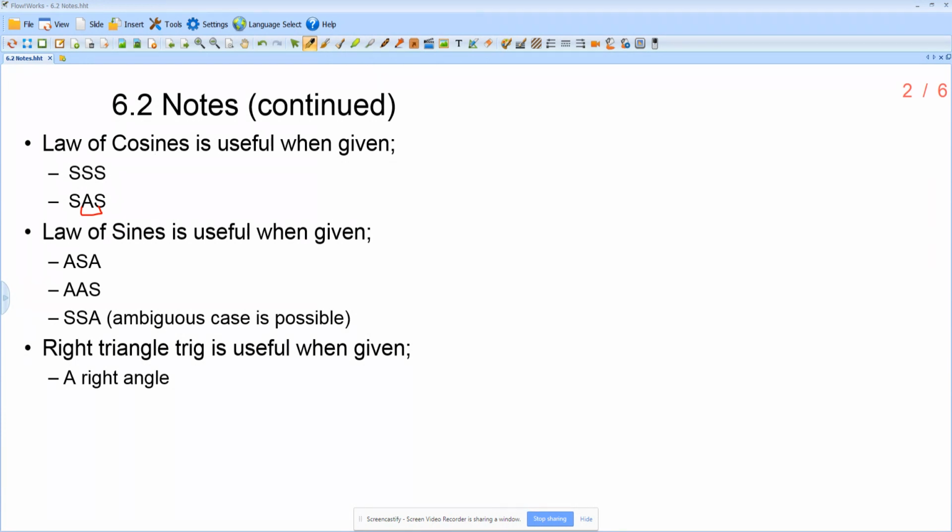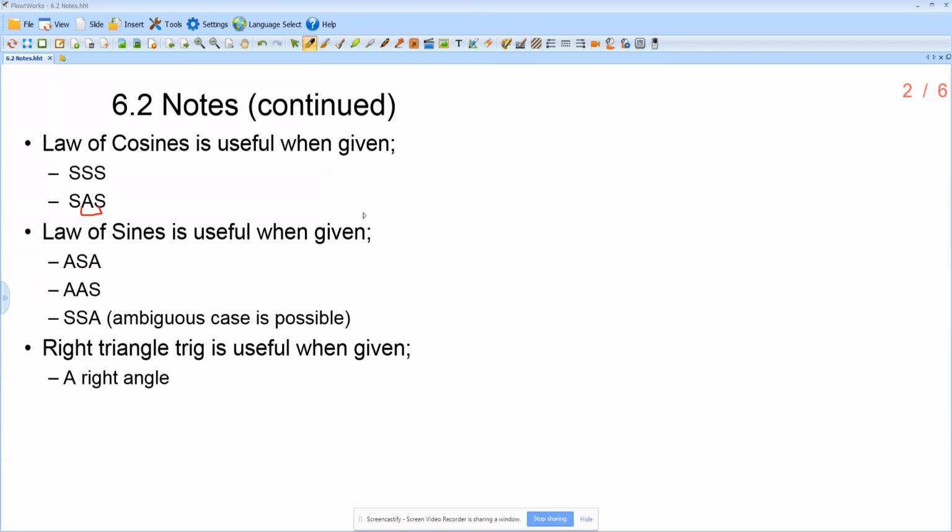Once you do law of cosines one time in a problem, you no longer have to use it. The cool thing is you could use it for every side and every angle, but it is more work, and it creates more opportunity for us to make mistakes. So typically we'll shoot for using law of cosines one time.